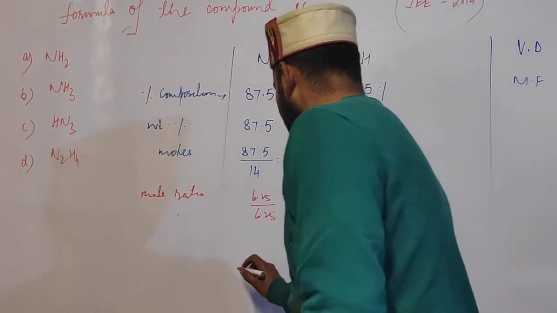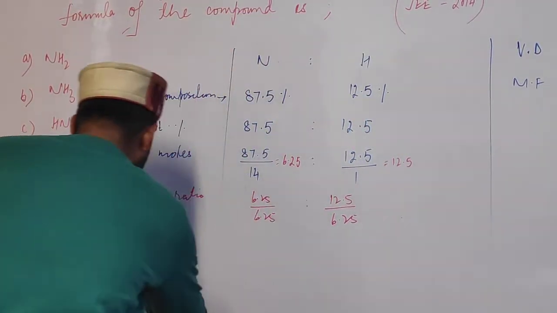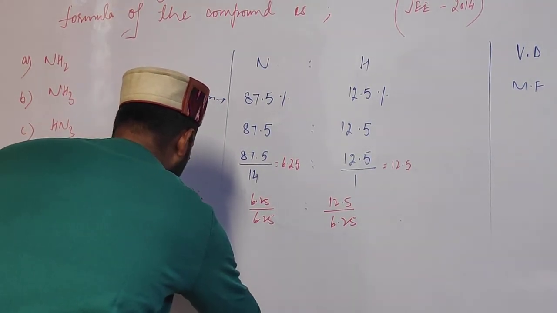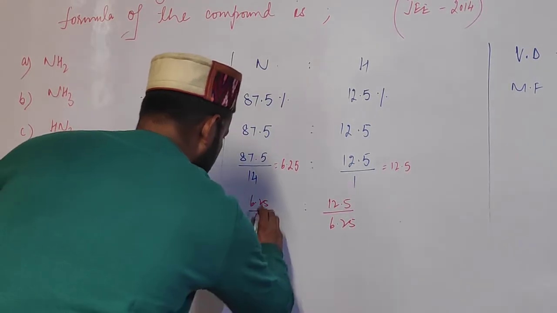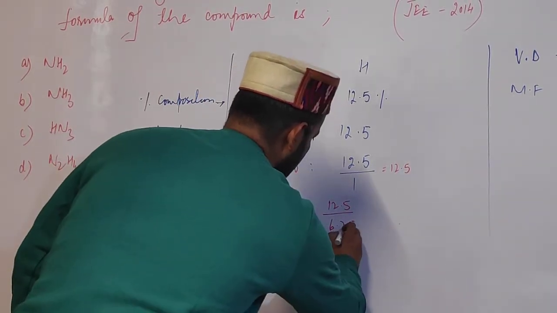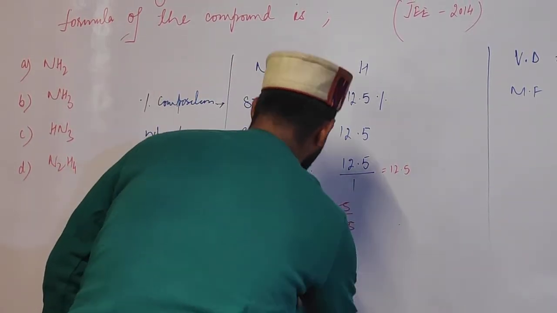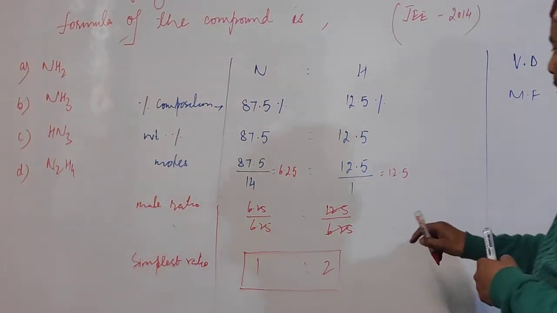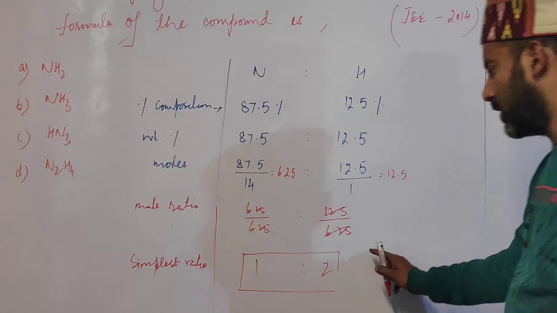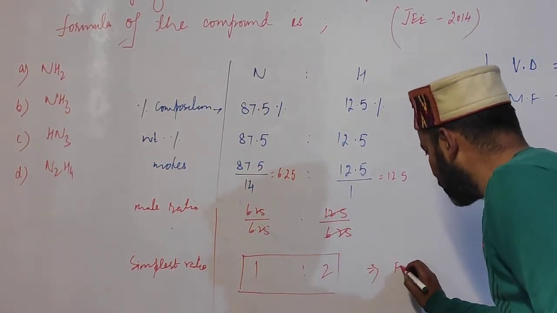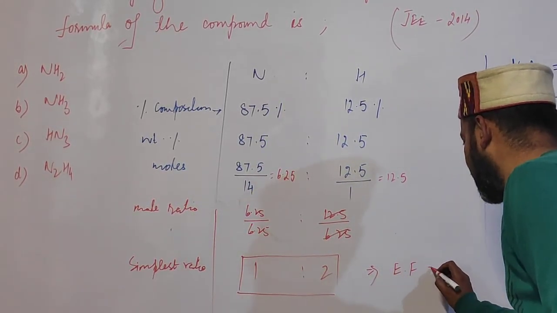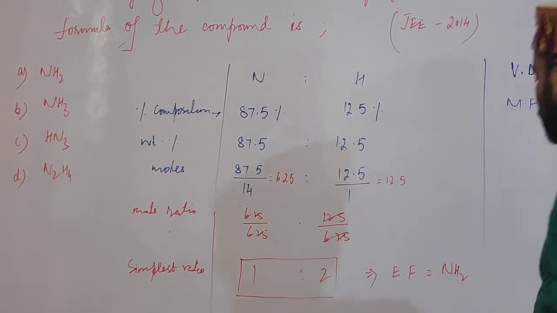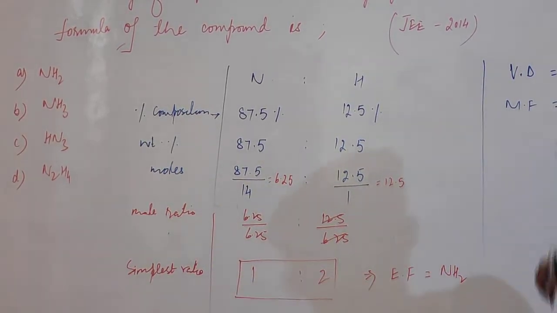So students, we have the simplest ratio, 1 is to 2. The simplest ratio will give us the empirical formula. So the empirical formula of this gaseous compound is NH2.